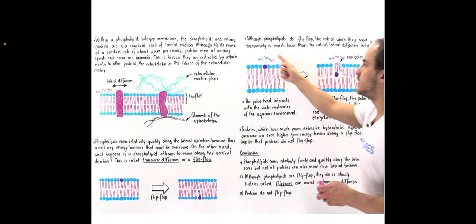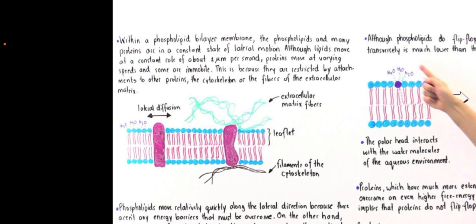So here is the detailed explanation of the flip-flop movement. Within a phospholipid bilayer membrane, the phospholipids and many proteins are in a constant state of lateral motion, changing their place from one place to another in the same membrane. That is the lateral motion.